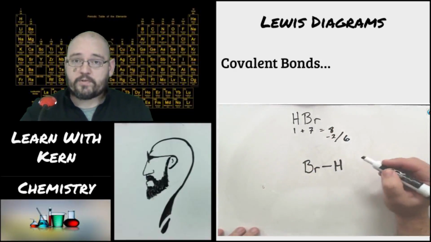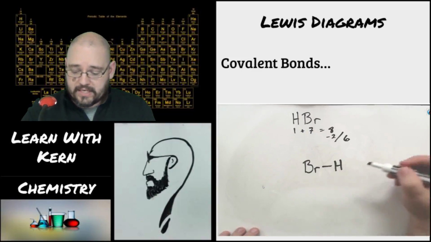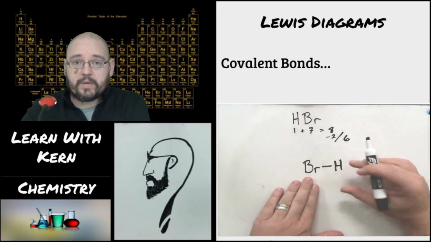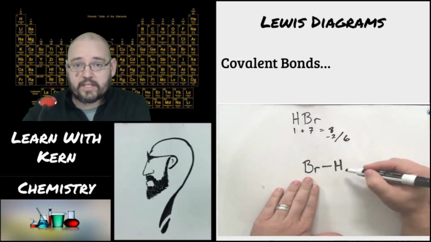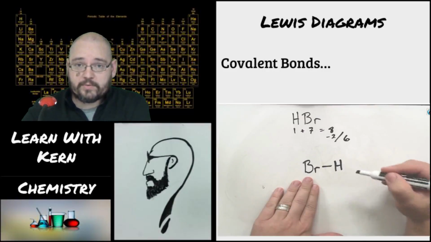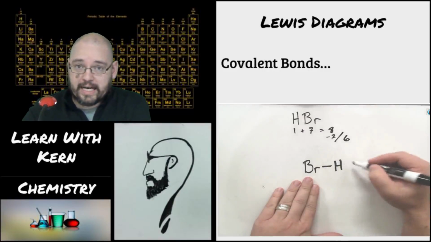Okay, so now we have to fill the octet of the outside atoms. Now, this is my central atom, this is my outside atom. What you need to make sure you always remember is hydrogen can only have 2 electrons when it is bonded with something else. So we never put anything out here on hydrogen.